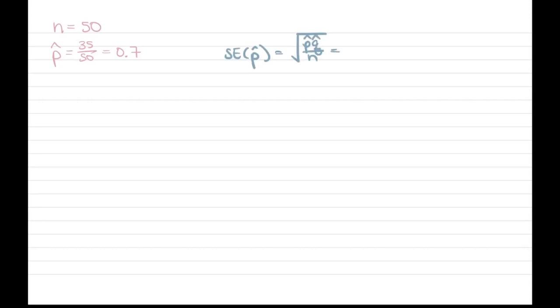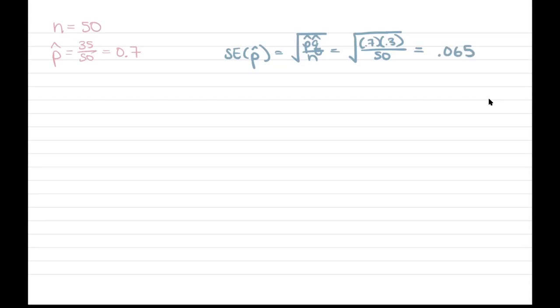All right, so plugging that in, I get the square root of 0.7 times 0.3 all over a sample size of 50. Calculator, plugging that all in, I get 0.065. I'm going to round that to 0.065. Thank you, though.